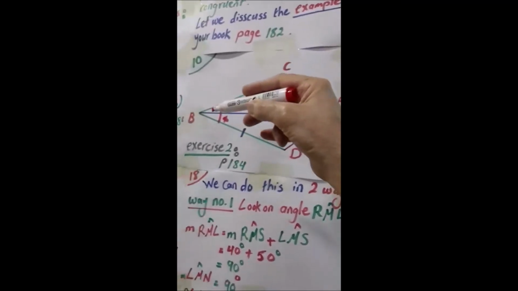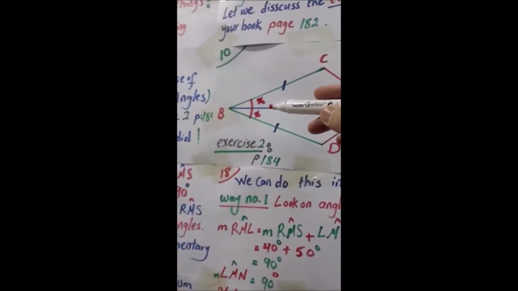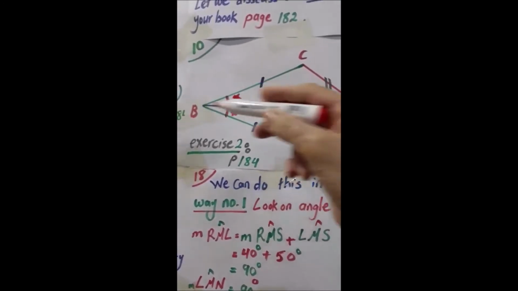To prove that AB is a bisector for these two angles, we have to prove that the angles CAB and DAB are congruent. And on the other side, we have to prove that CBA and DBA are congruent.